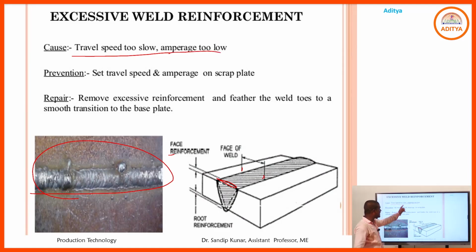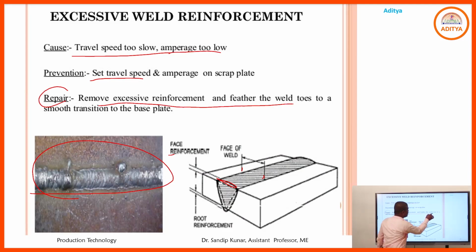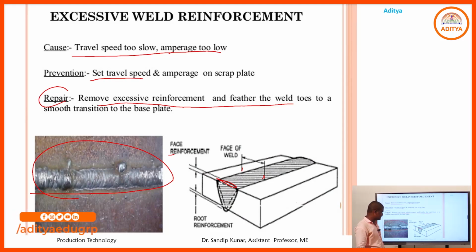Due to that, the problem has occurred. How can we prevent it? Set travel speed and amperage on a scrap plate. Another repair: remove the excess reinforcement and feather the weld to make a smooth transition to the base plate. By removing the excessive reinforcement, we get a smooth welding face.